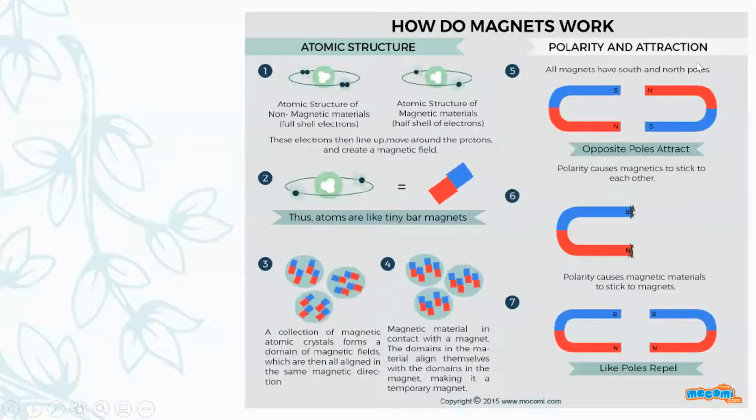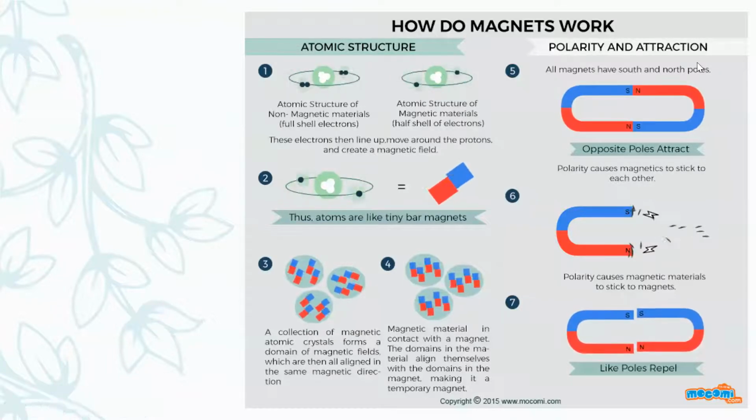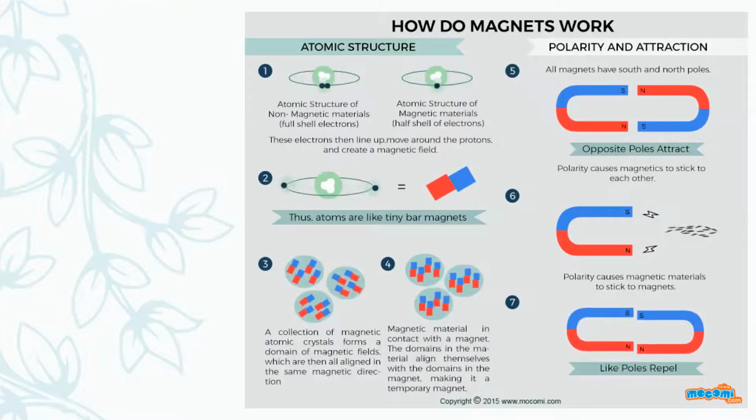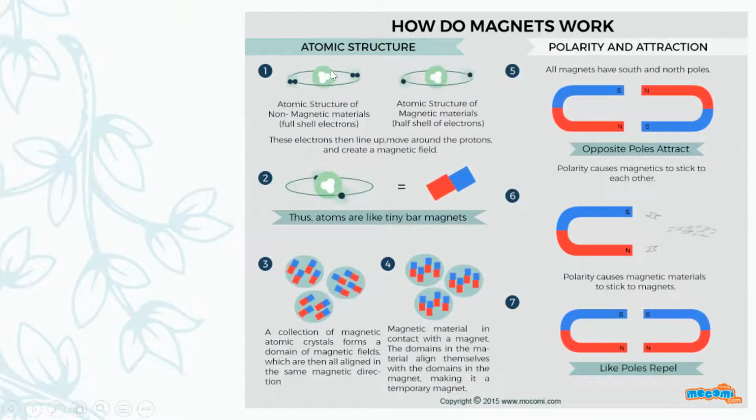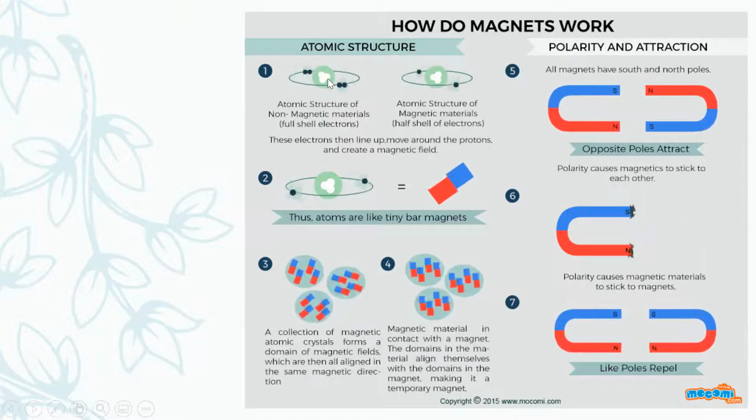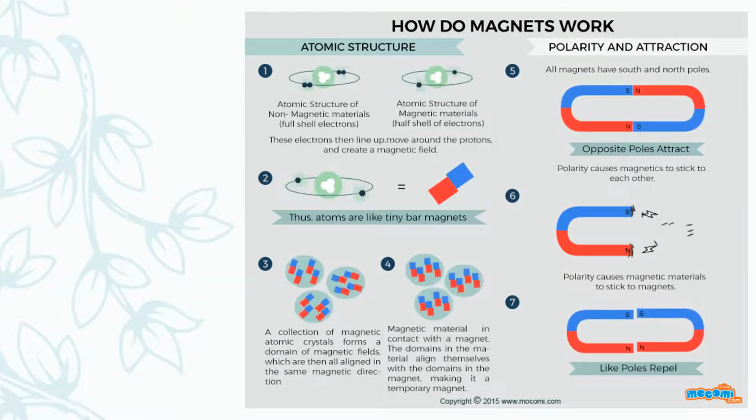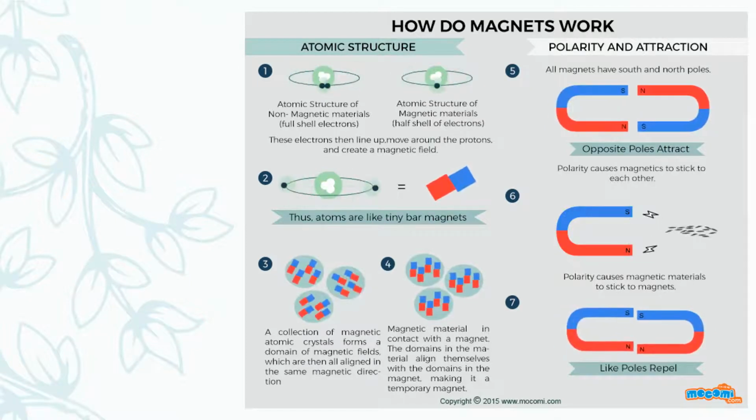In the first term, atomic structure, this is the structure of a non-magnetic material. You can see here that its outermost shells are almost completed.